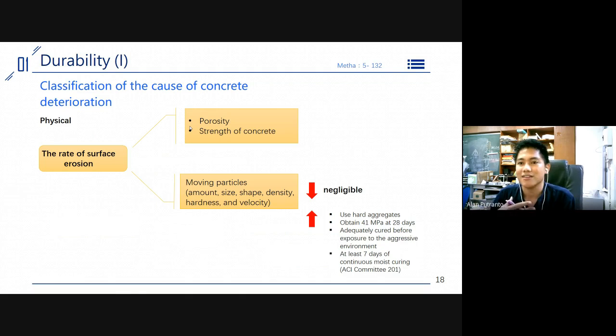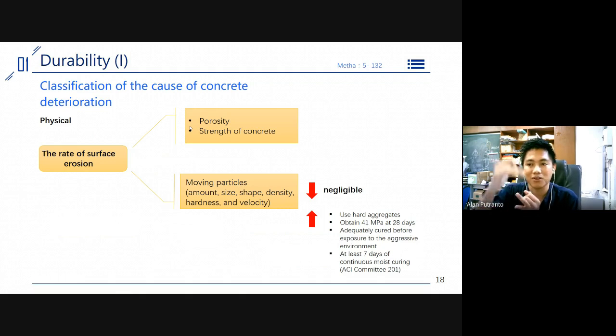So for physical deterioration, also the rate of surface erosion. We are talking about erosion, which has two major parameters. The first one is related to the porosity and the strength of concrete.